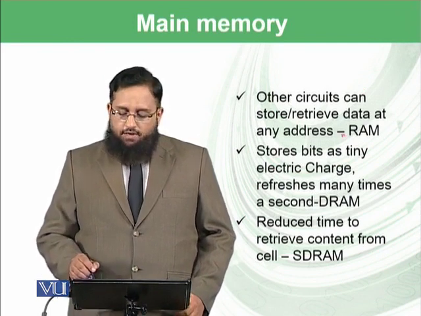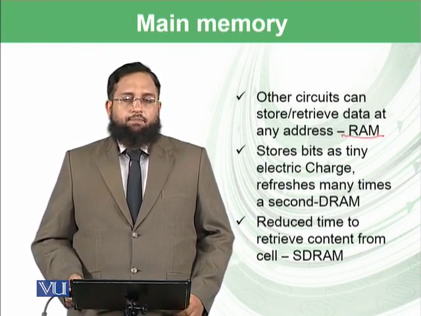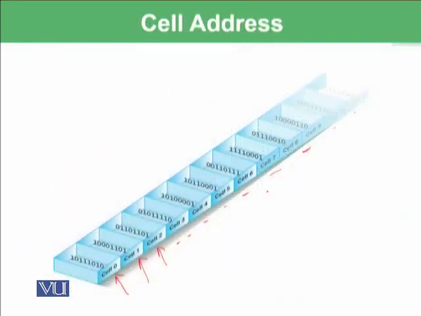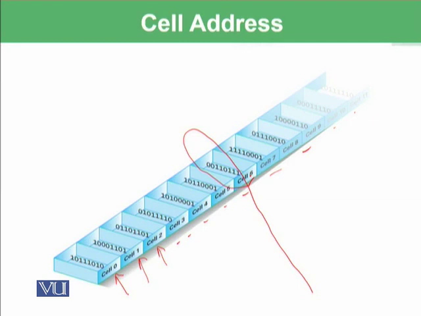That's why we call it random access memory. Access means you have access to all cells here. So if you want to store data into a cell, you can straight away save it in that location. Such saving or retrieving of data is known as random access.